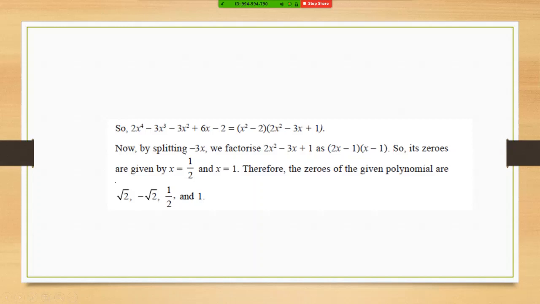If you equate 2x minus 1 equal to 0, you get 1 upon 2. If you equate x minus 1 equal to 0, you get 1. So all the 4 zeros, or solutions, of the given polynomial are these. Are you clear with it, all of you? Any problem at any step, speak out.